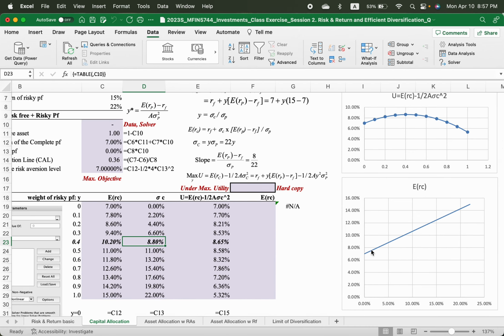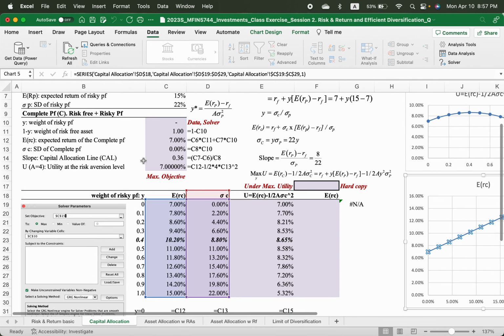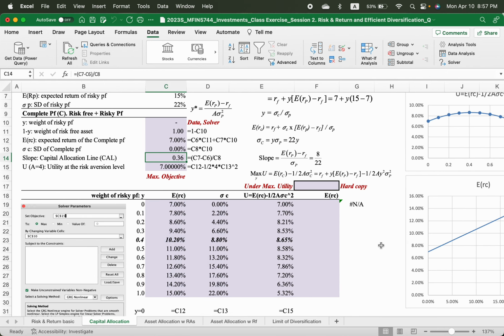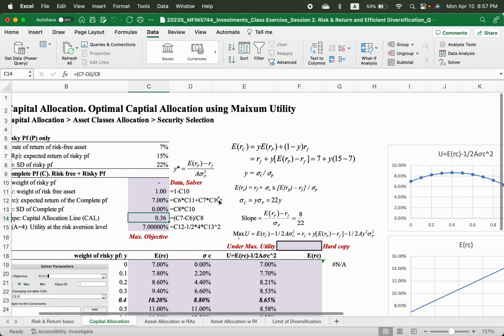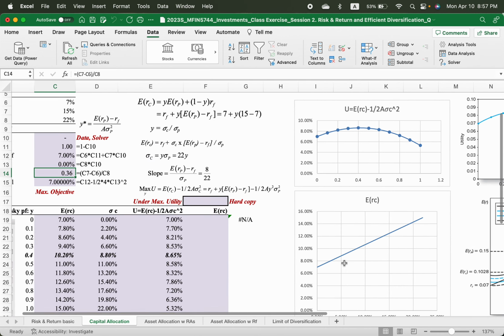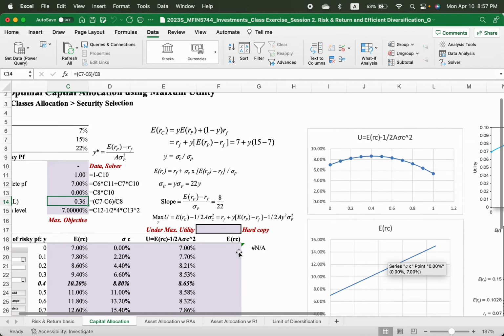So we also drew here the capital allocation line. Its combination where the slope of a capital allocation line is the same, right? And then this starting point is now the 7% risk-free asset, and then we drew the capital allocation line.